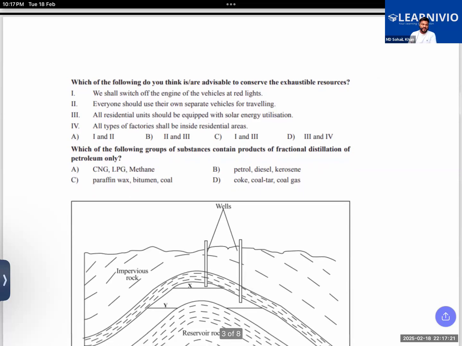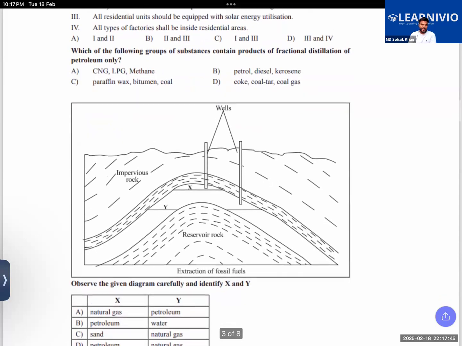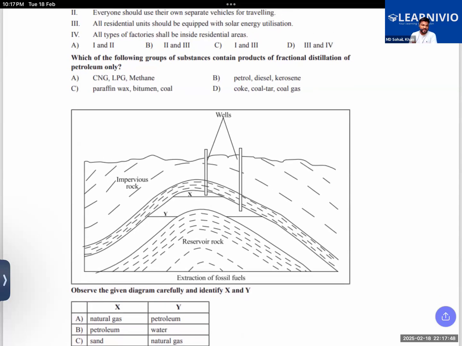Which of the following do you think is or are advisable to conserve the exhaustible resources? First one and third one. That is option number C. Good. C. Okay, which of the following groups of substances contain products of fractional distillation of petroleum only?